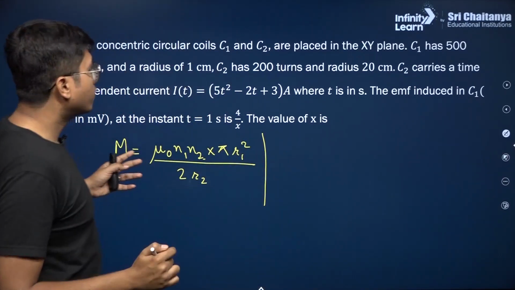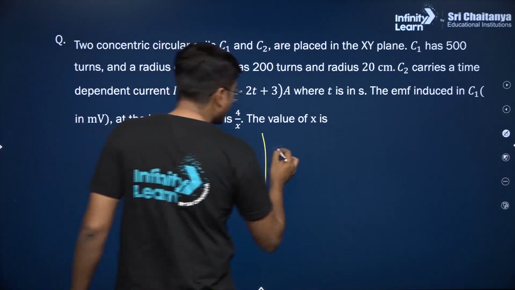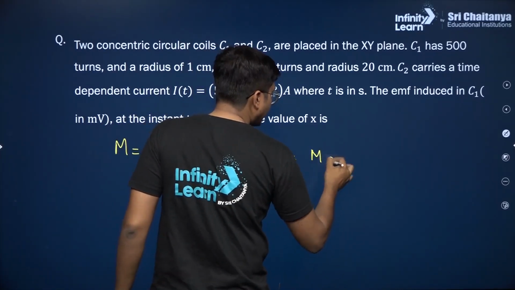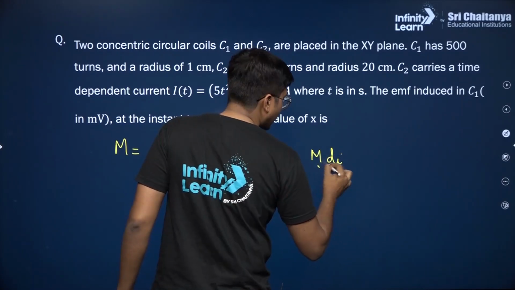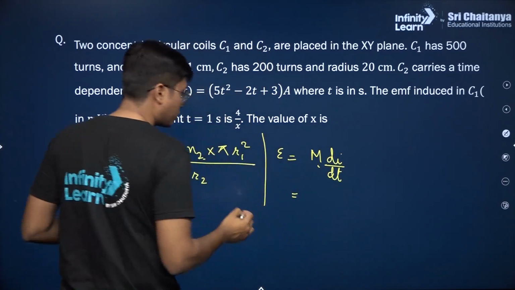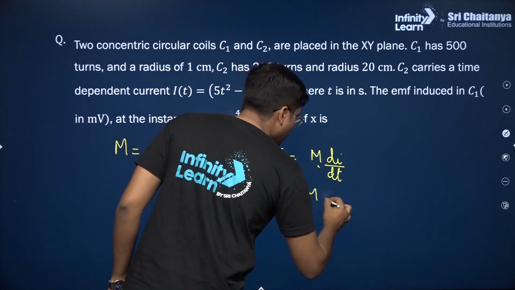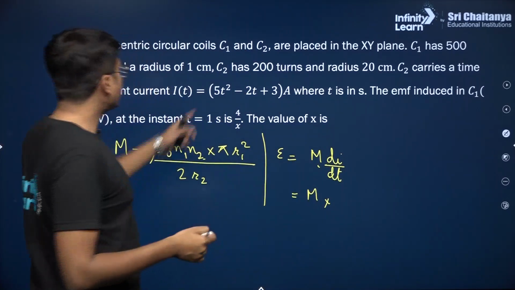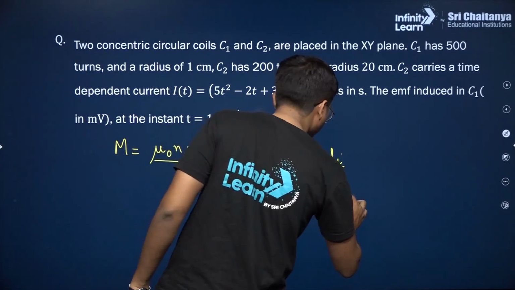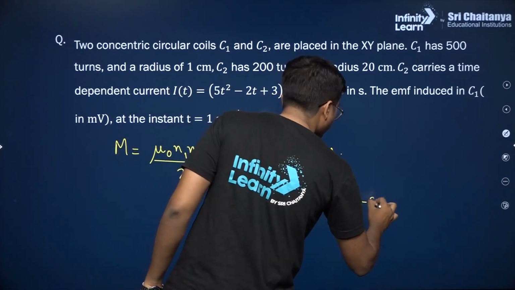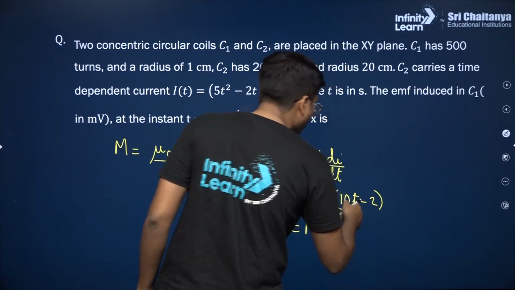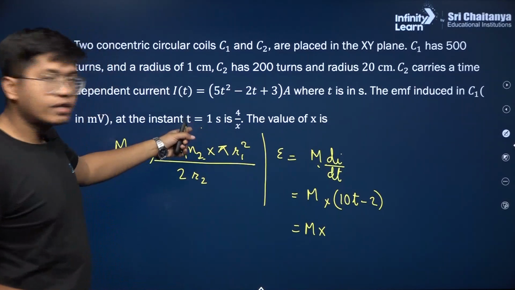And from here on we can find the current. We need the EMF induced. So EMF is equal to M di dt. So M value, I am not putting in the values, multiplied with differentiating this 5t square minus 2t plus 3 gives you 10t minus 2, which is equal to M into 10. The t value has been provided as 1.